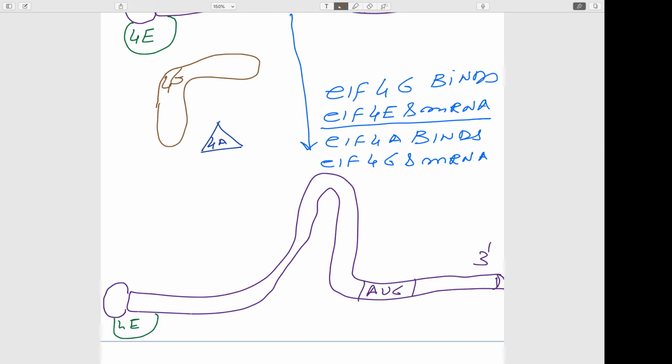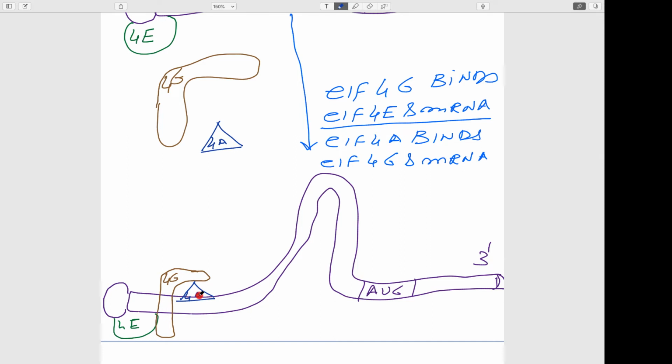See how the binding of 4G takes place: on one side it binds 4E, on the other side it binds the messenger RNA. So this is 4G. Then the binding of 4A takes place.